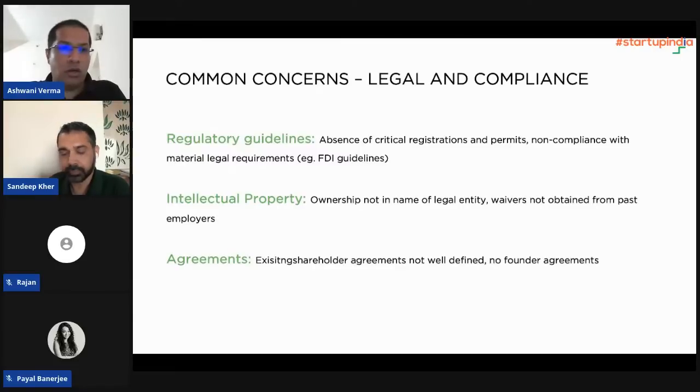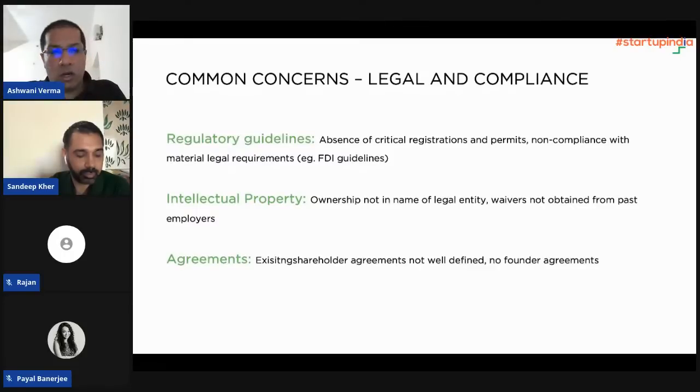Then there are a lot of contracts or early stage contracts, especially between the founders, or if there are already some shareholders in the company, they have signed any shareholders agreement. All those have to be evaluated to check for any clauses or rights which can become problematic in the long run. And those are also included in the legal due diligence analysis.